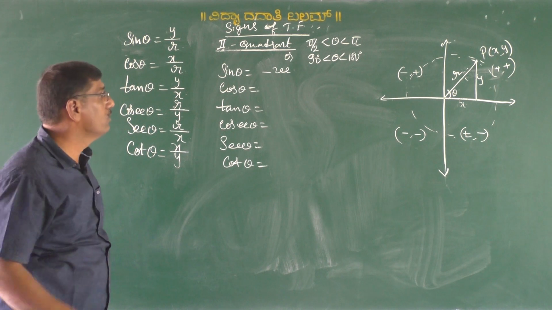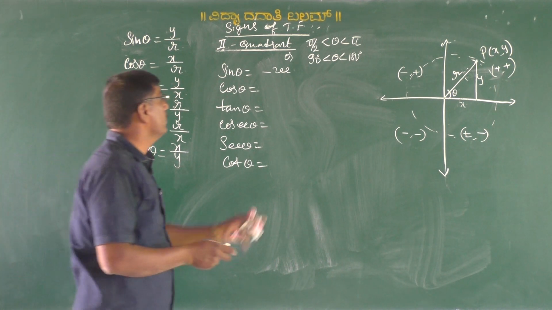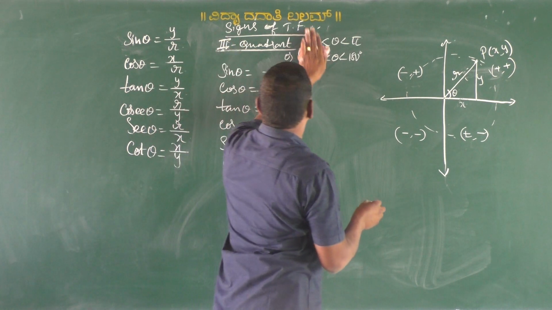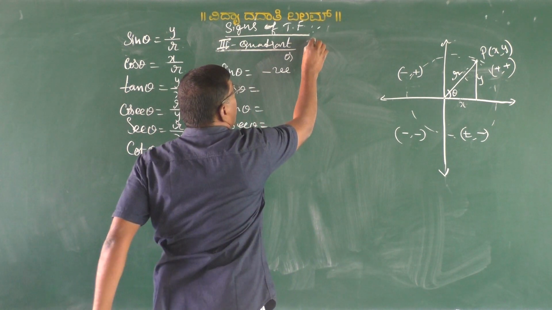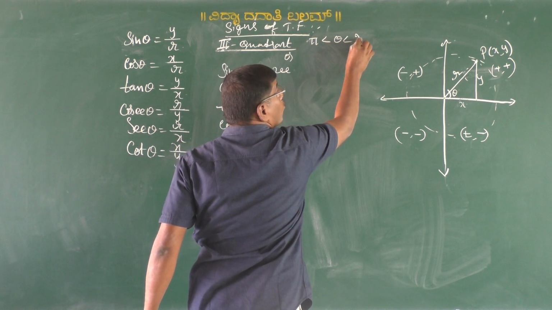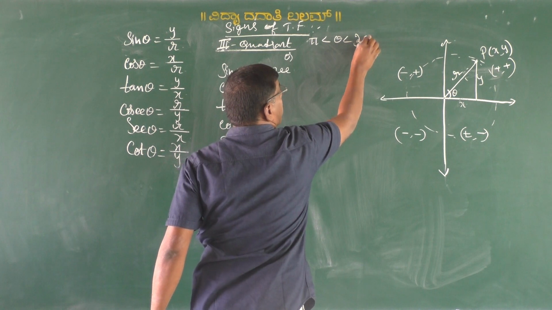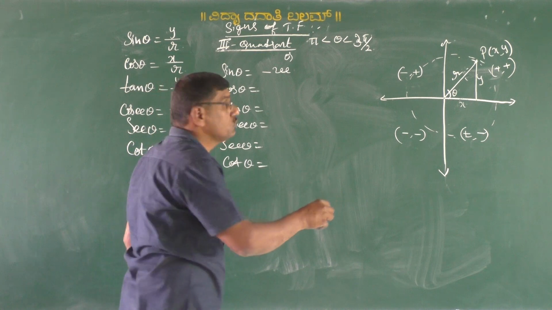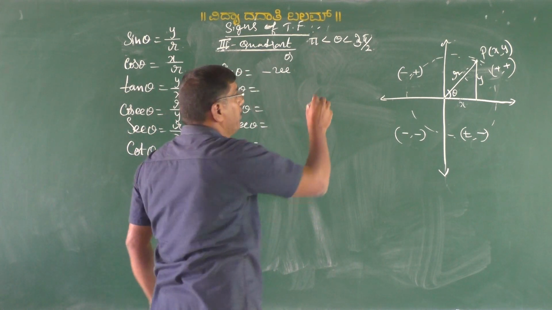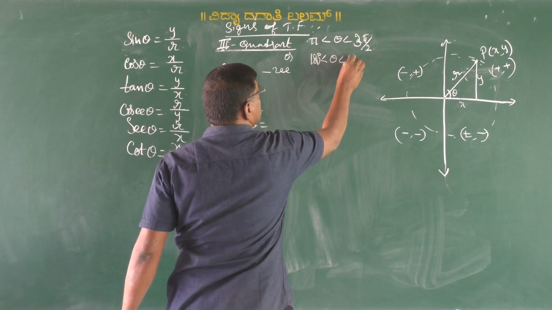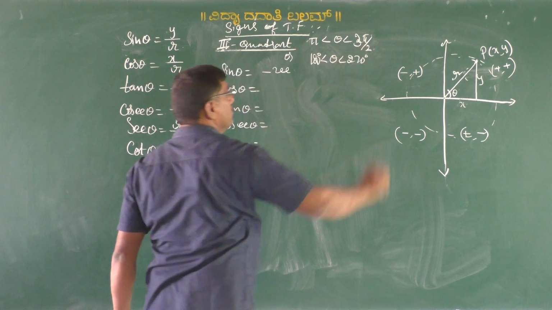In the third quadrant, pi less than theta less than 3 pi by 2, and in degrees, 180 degrees less than theta less than 270 degrees.